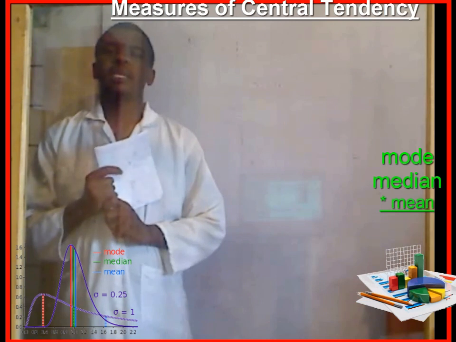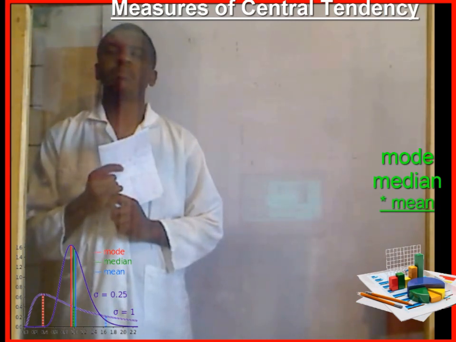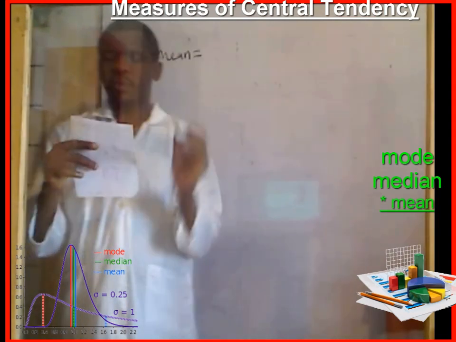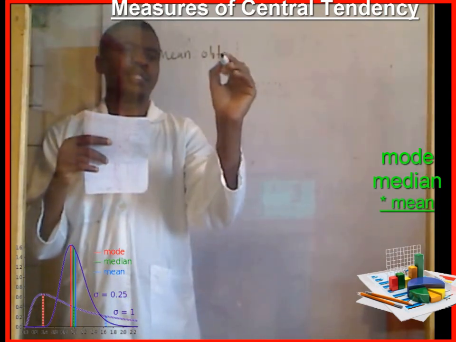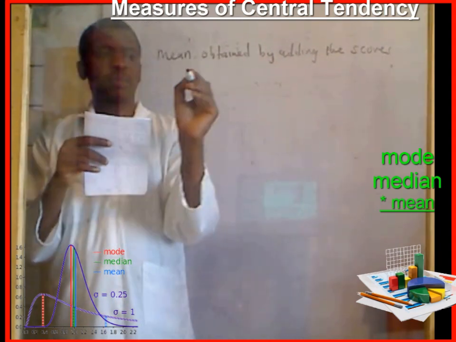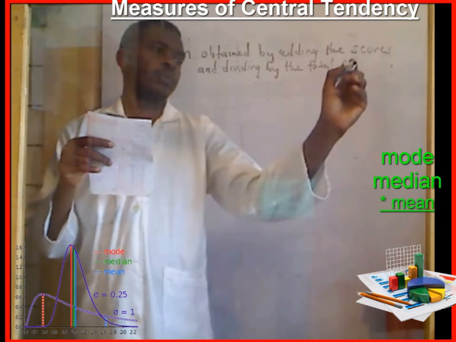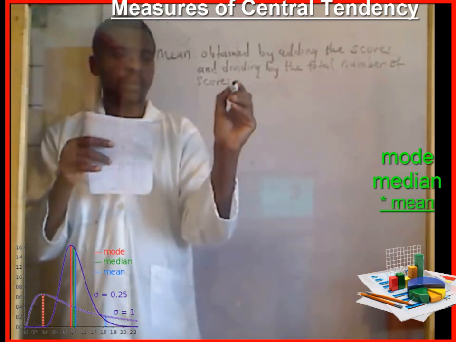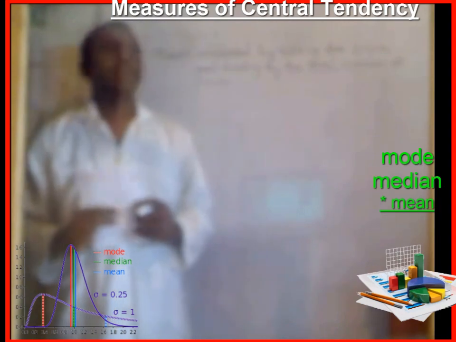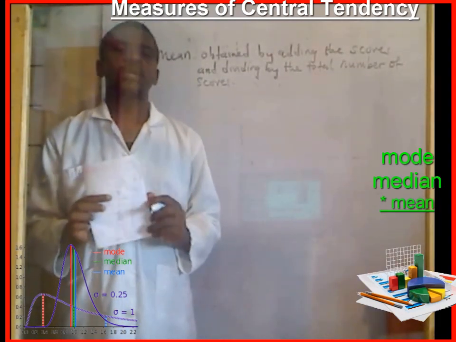We now look at the 3rd measure of central tendency, which is the mean. The mean is obtained by adding the scores and dividing by the total number of scores.